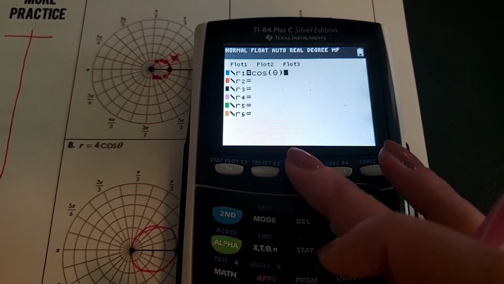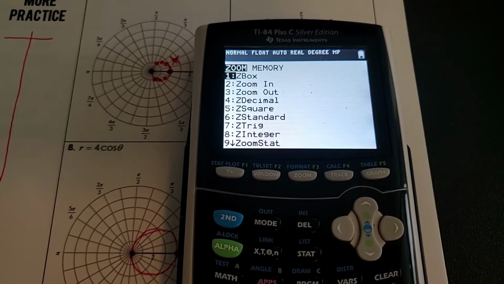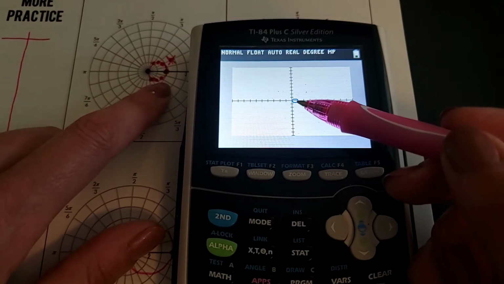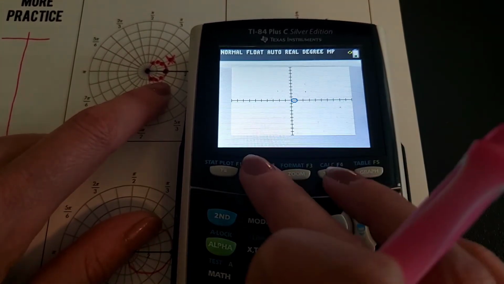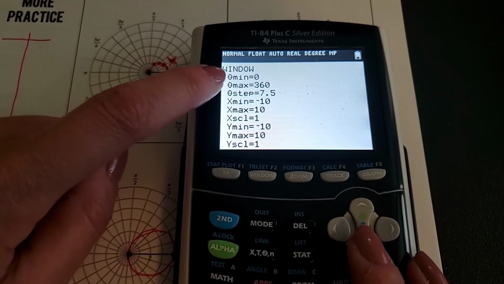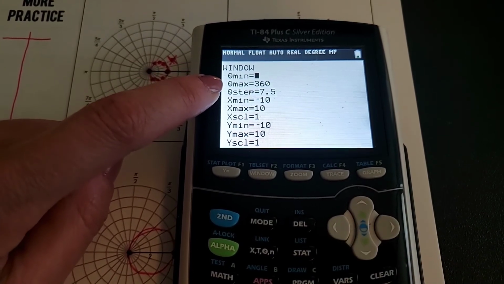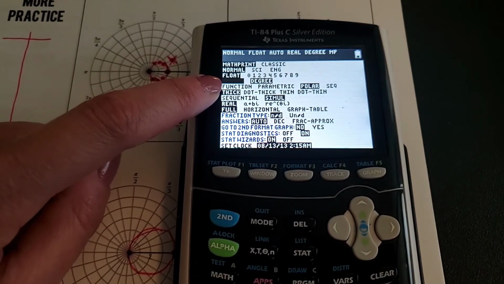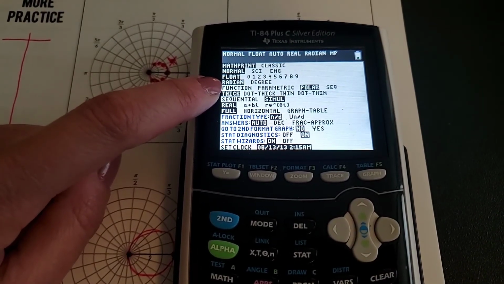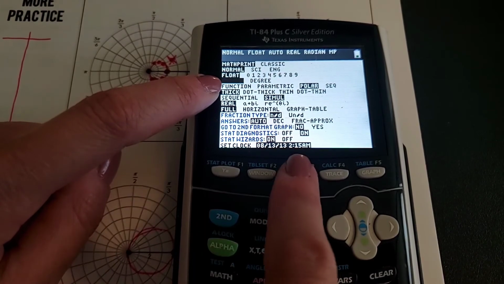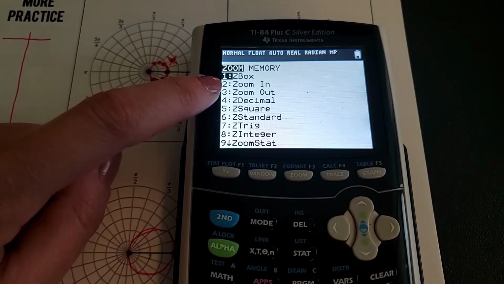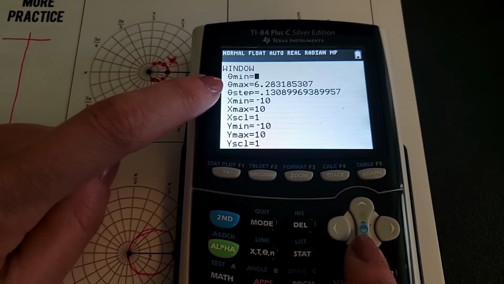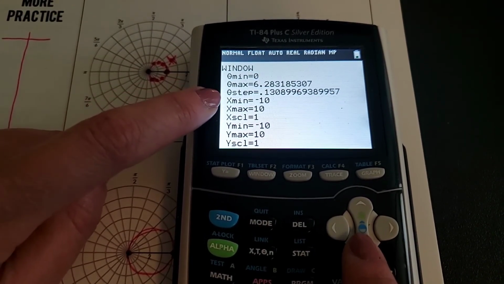And we could do a standard window. Let's see what happens there. Look at that. It's pretty tiny, but we do in fact get that graph. Look at this. Theta goes from 0 to 360. I'm in the wrong mode. I'm in degrees because I was doing some things in degrees with our lesson before. So I'm going to change to radians, and I'm going to do a standard, and I'm going to see if, yep, it changed to radians.